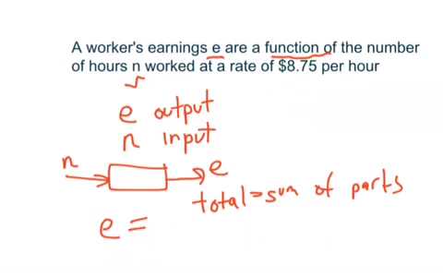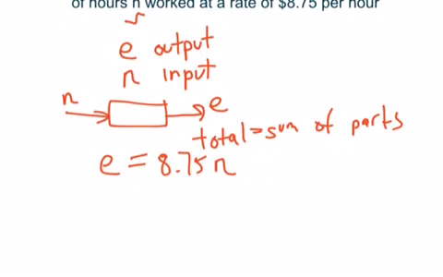But in this case, E, the total amount that we earn, is equal to $8.75 times the number of hours N that we work. So $8.75 times N. So for instance, if you work 1 hour, you would earn $8.75.